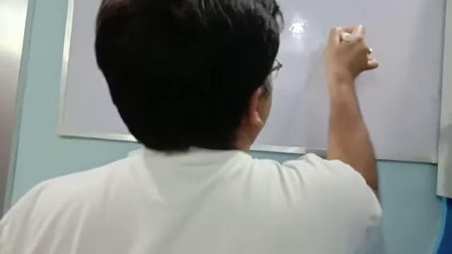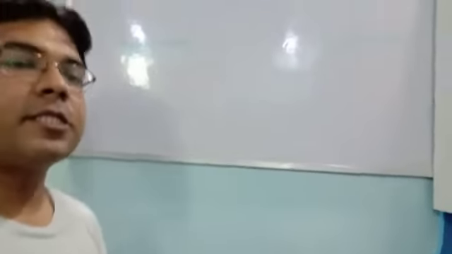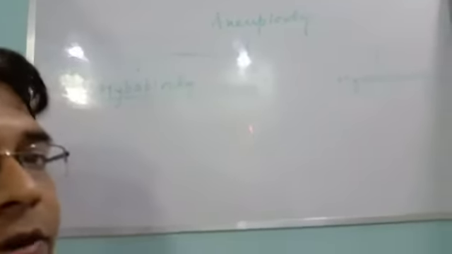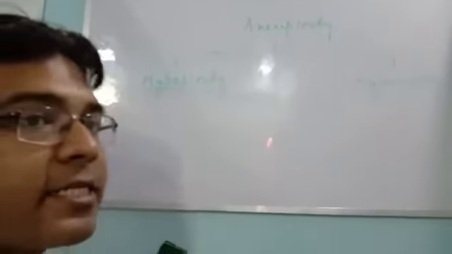So just have a look at this, students. Hyperploidy and hypoploidy. Hyper means more. Hypo means less. So hypoploidy is basically the ploidy in which the chromosome number inside a set decreases.